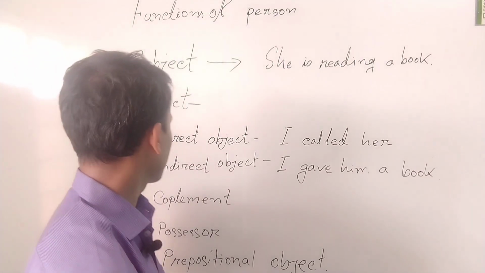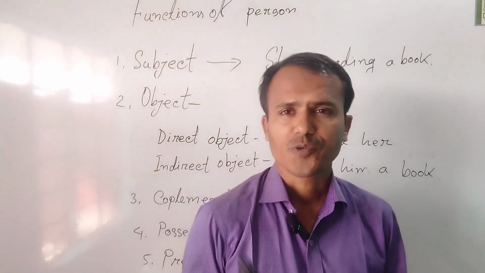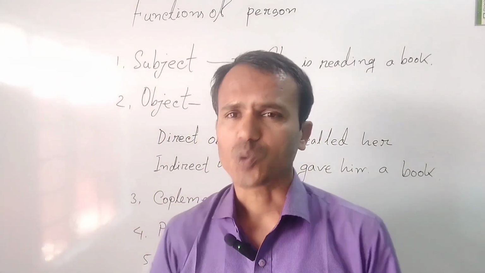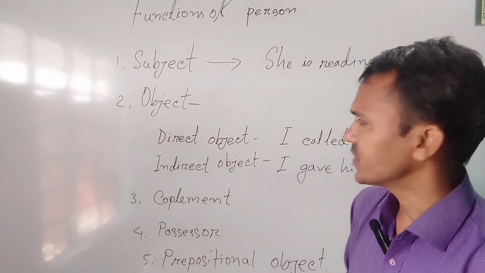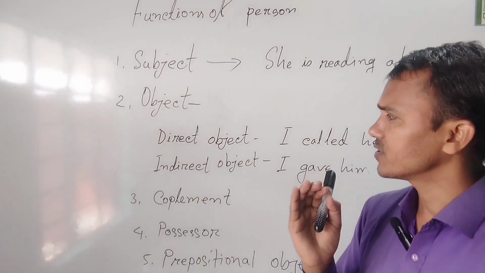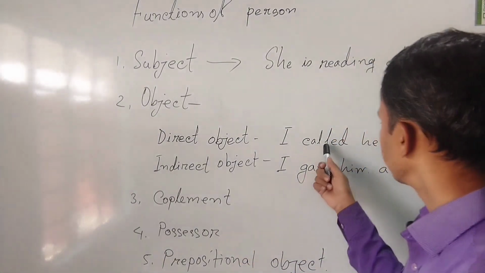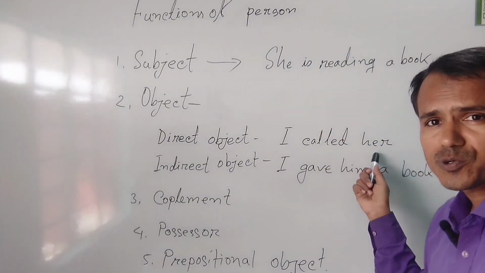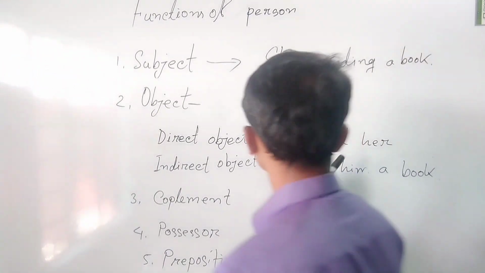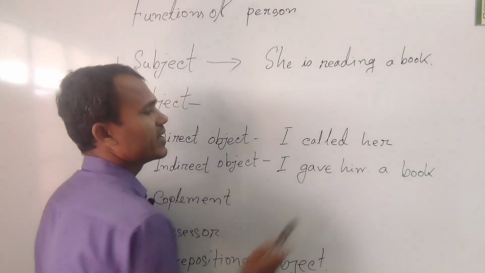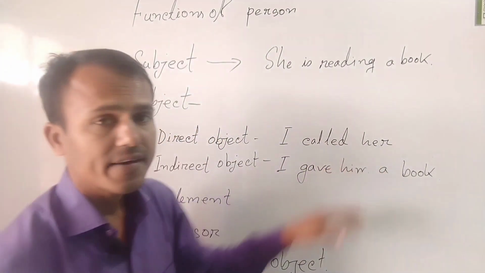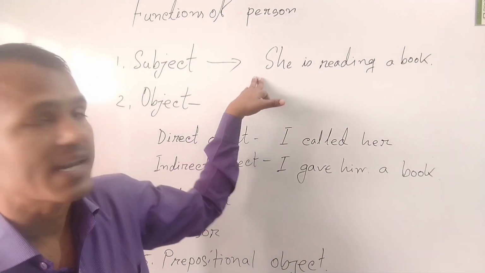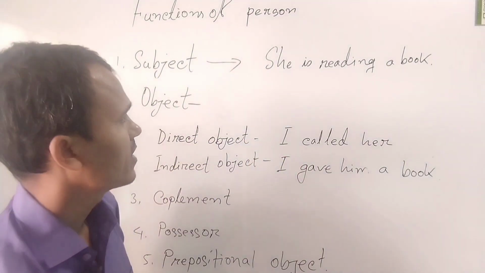To know about direct object, we need to know the definition of direct object. One on whom the verb acts directly, that time we call it direct object. Here an example gives you a clear idea about direct object.